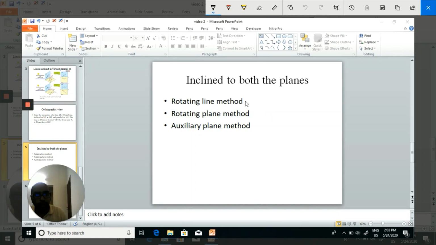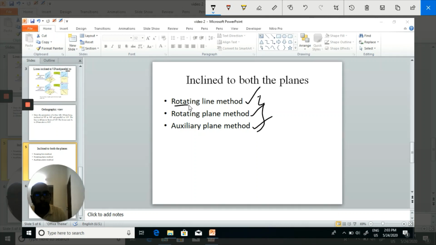So there are three methods to identify the true length. First is the rotating line method, then we have the rotating plane method, then the third method is the auxiliary plane method. Studying one method is enough.